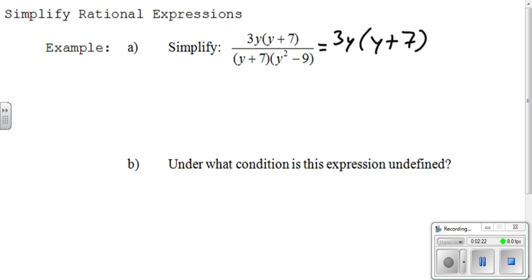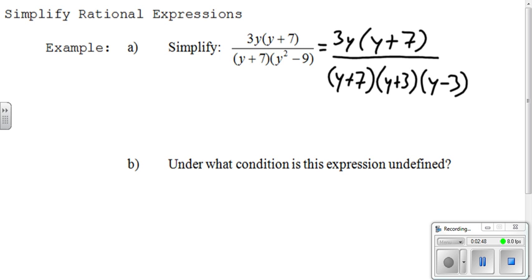And remember, the 3y and the y plus 7 are each terms in and of themselves. One is a monomial, one is a binomial. So those are considered two separate numbers. And then the factors down here are y plus 7, and we notice that this is a difference of squares. So we would call this y plus 3, y minus 3. Now we're down into the lowest factors that we can get.